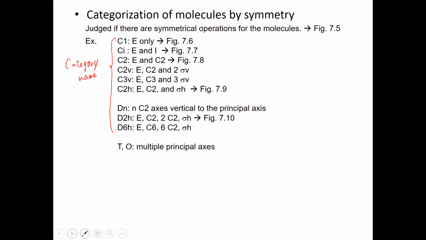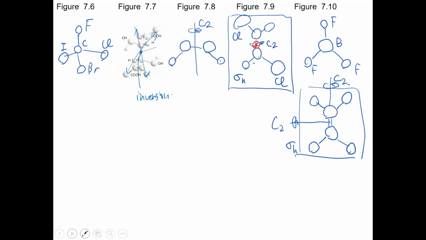So let's see the example here at 7.10, like this. In this molecule, you can take the molecular axis here, but also vertical to this molecular axis, you have two C2 operations possible, and also you have a sigma h operation, right?